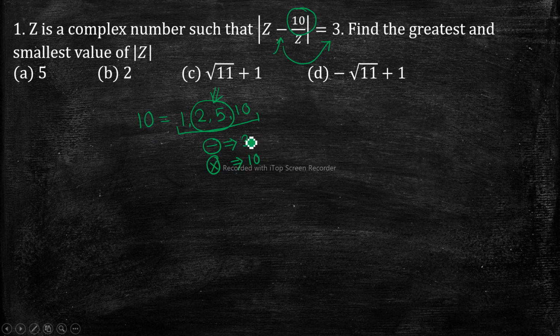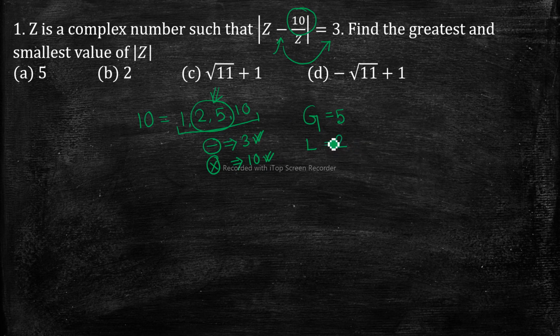I said you just have to take the difference. The difference of these two factors is 3 and the product of these two factors is 10. That means we get our result, and we also get our constant term which is given in the modulus. So from here we can easily identify our greatest value, which is 5, and our least value, which is 2.